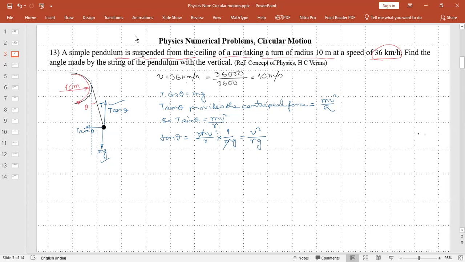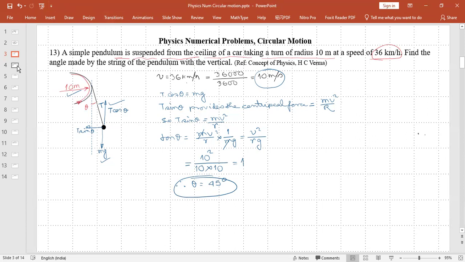Then you simply put the values of v and r. v is found 10 meter per second, so it is 10 square. r is also given 10 meter. g is 10. This is equal to 1. If tan theta is equal to 1, therefore theta is equal to 45 degrees. This is the answer.